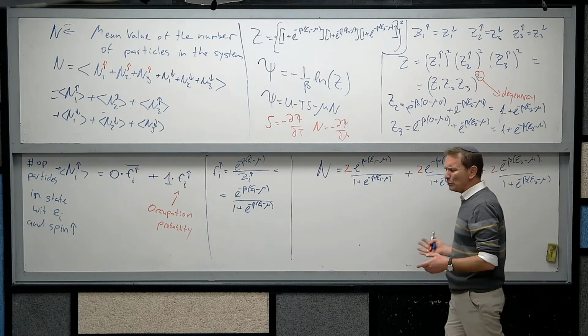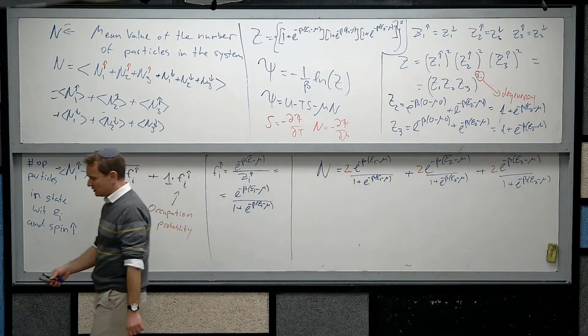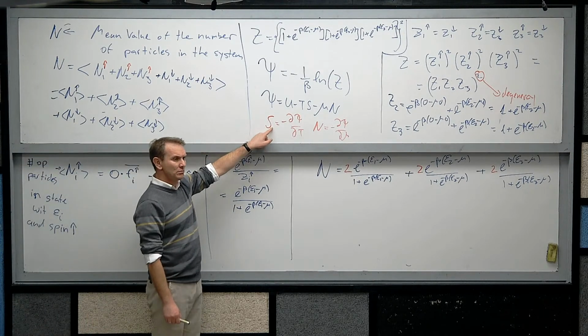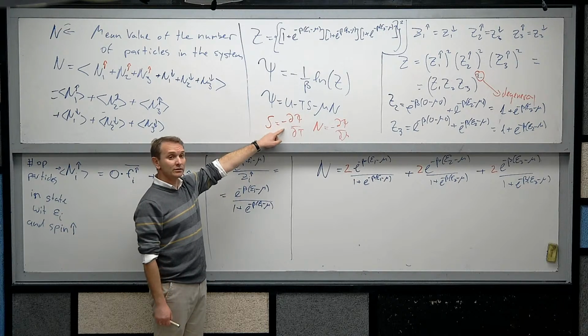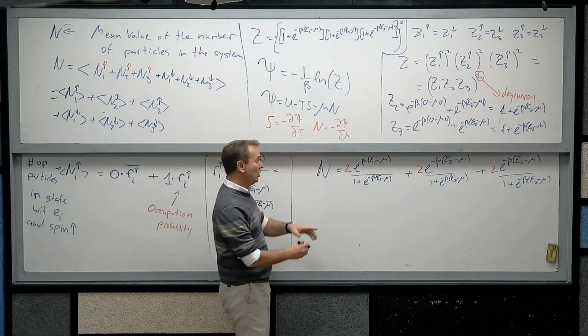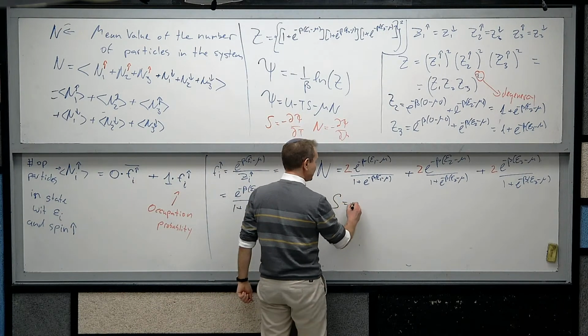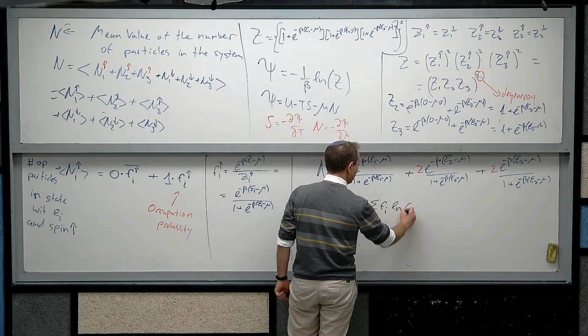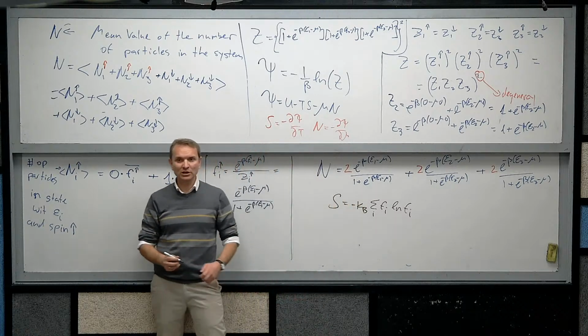Now, the same goes for anything else. If I want to compute the entropy, I can take the derivative of the log function, or I can say, well, S is minus k Boltzmann sum over I of fi log fi, and I can perform the summation.